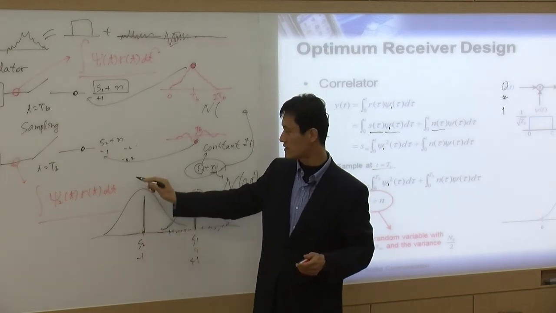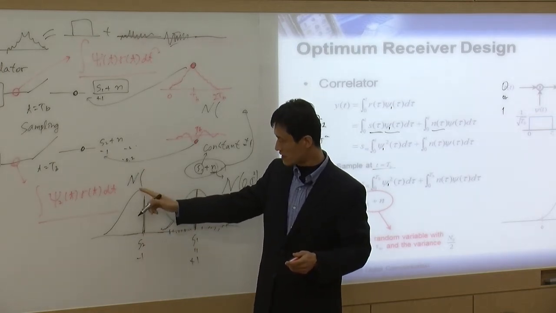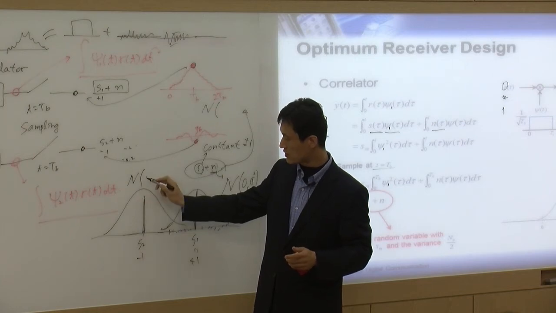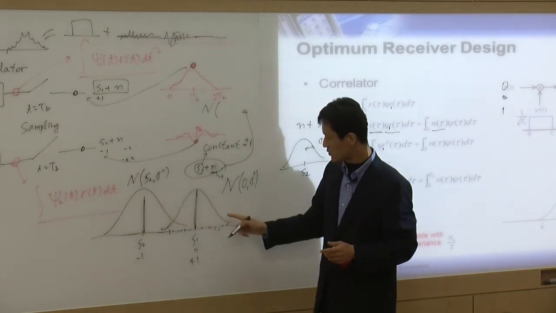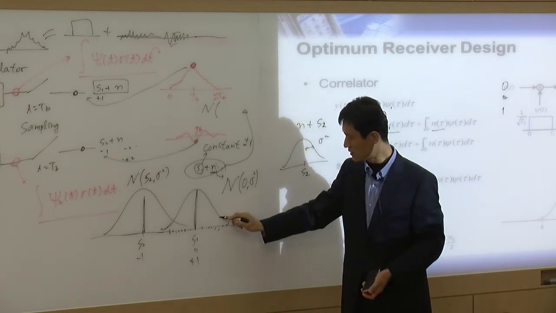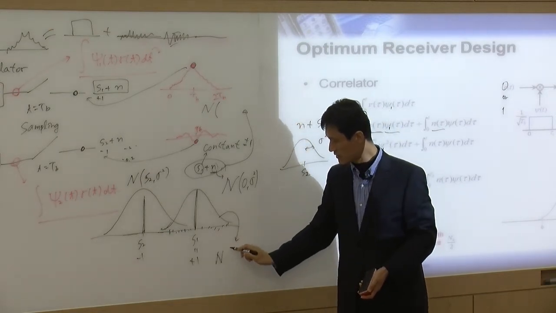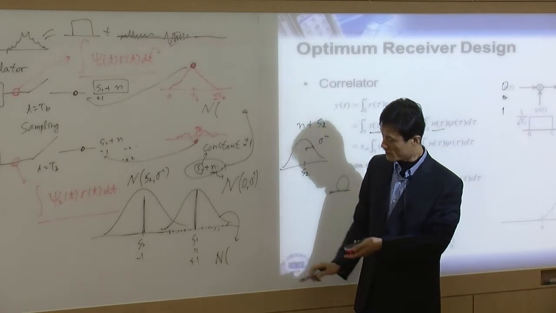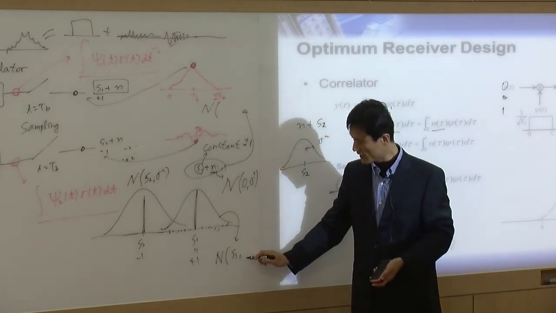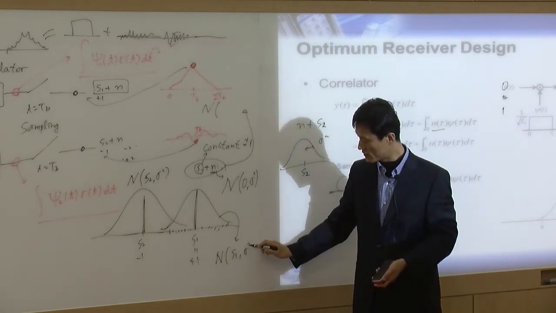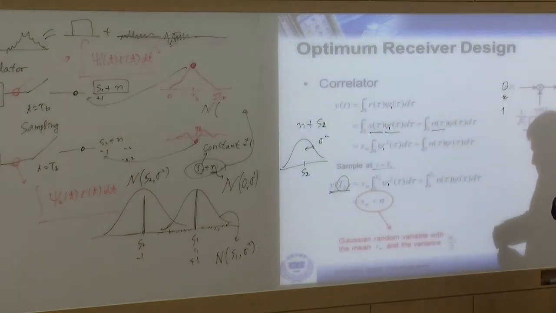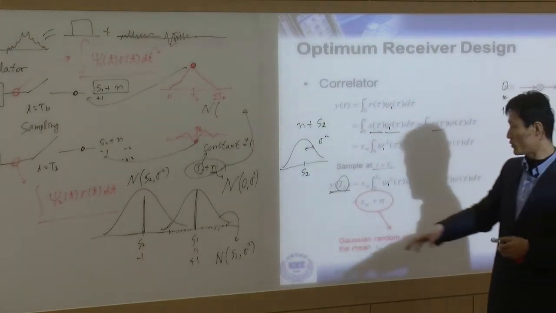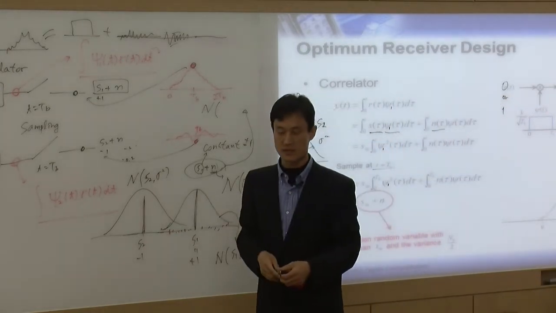This one is the Gaussian distribution with the mean S2 and variance sigma square. This one is another Gaussian random variable with mean S1. That's why we have two distributions like this.